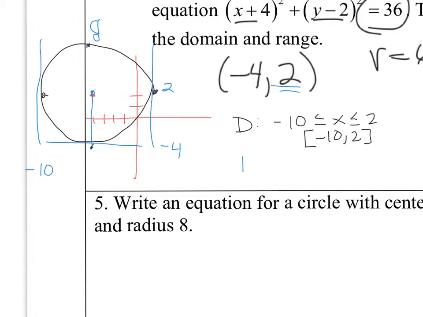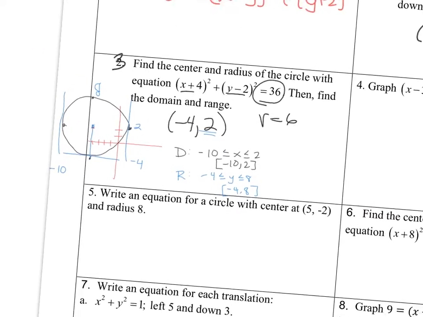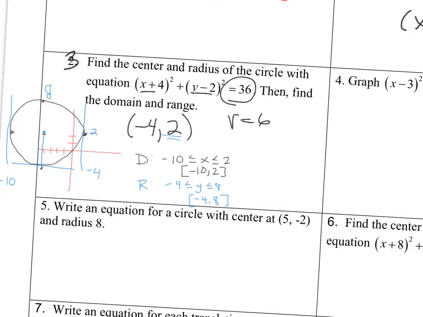And then the range is going to be our y values, so you're going from -4 to 8, or you can write it in interval notation. It's easiest to think of drawing a sketch. Or if you didn't draw a sketch, you could just start at -4 and go back 6, up 6. Then start at 2 and go back 6, up 6.